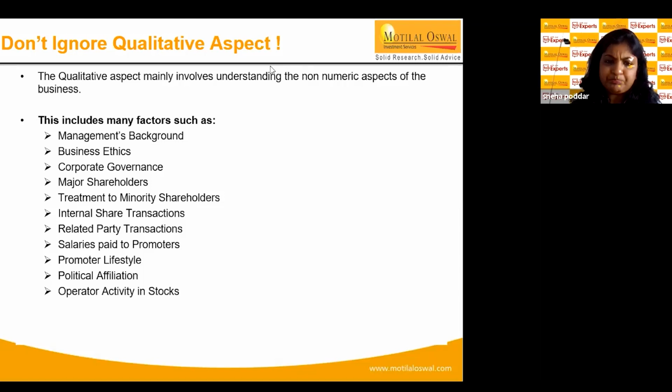Phoenix Mall, they have a very strong business model. The balance sheet is very strong, and they generate cash. It's a very cash rich balance sheet, because they generate a lot of rentals from the standalone brands, the multiplexes, the food courts, and all.